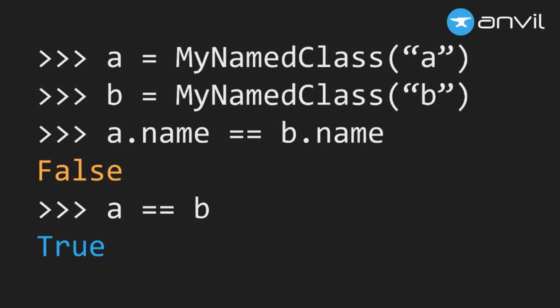One is called A and one is called B. So they have different names, but they still compare true as class instances because I overrode that equals method to return true no matter what. Any two instances of this class will be reported as equal, which you might not expect. They've got different names, but we've told the equals operator that they're the same thing, always return true.